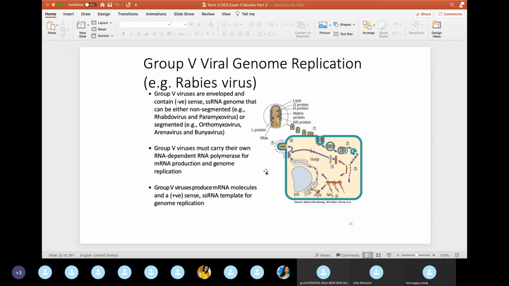Example, your respiratory syncytial virus. You can also have segmented viruses, but these are low yield: bunyavirus, arenavirus, orthomyxovirus. So they must carry what? For group 5, they must carry their own RNA-dependent RNA polymerase, high yield, okay? They need to carry RNA-dependent RNA polymerase.